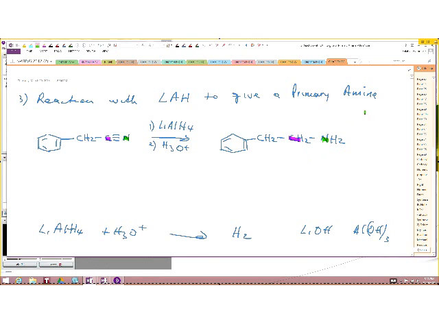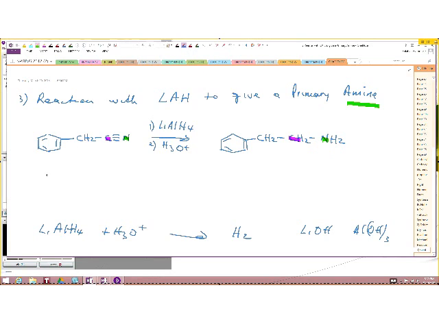We call these amines, and because we have 2 hydrogens attached to this nitrogen here, we call this a primary amine. So when we get to chapter 24, we are going to discuss amines in greater detail. So anyway, you take a nitrile, lithium aluminum hydride, you get a primary amine.